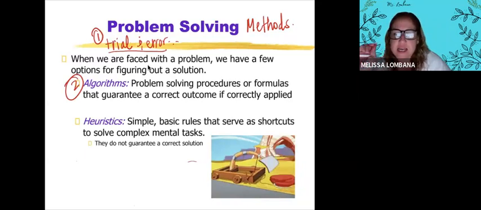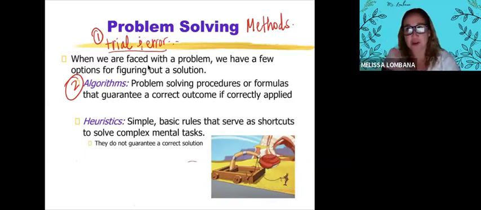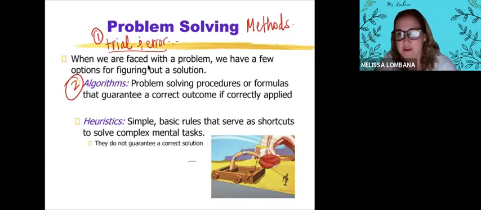It's not so much like trial and error where you're trying over and over again. This is more like there's a rule and this is how you need to follow it. You will usually do this a lot when it comes to math, recipes, or having to build a house, right? You definitely don't want to use trial and error. You want to use an algorithm in order for things to work.